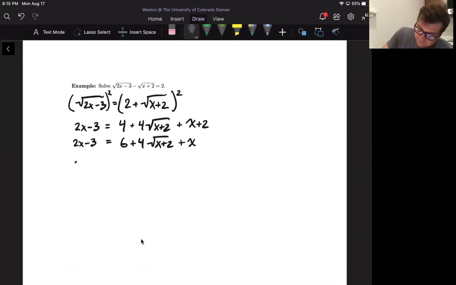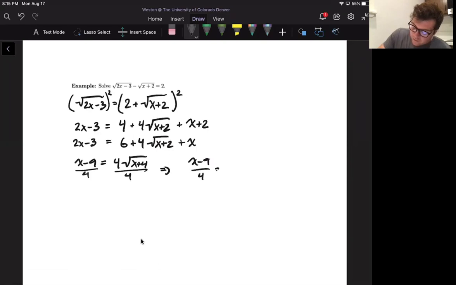So now we'll have x minus 9 equals 4 square root of x plus 2. And we'll also divide both sides by 4. So that way we have x minus 9 over 4 equals the square root of x plus 2.